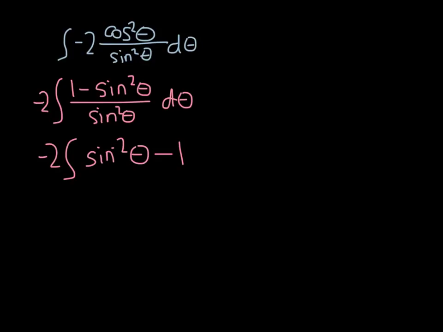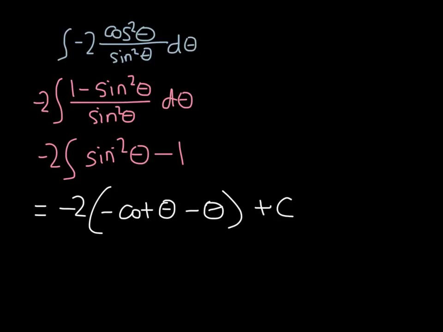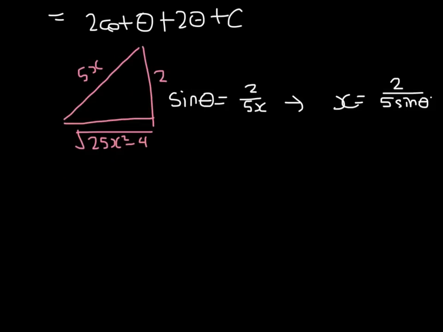Now, we should have memorized that the derivative of cotangent is negative cosecant squared, which is what we have here. So that tells us that we have negative 2 times negative cotangent theta minus theta plus c, or 2 cotangent theta plus 2 theta plus c.